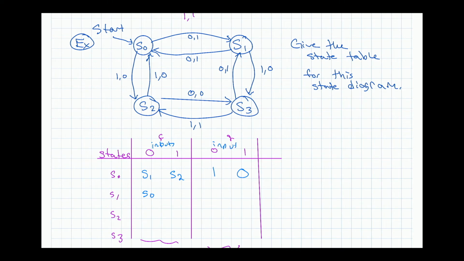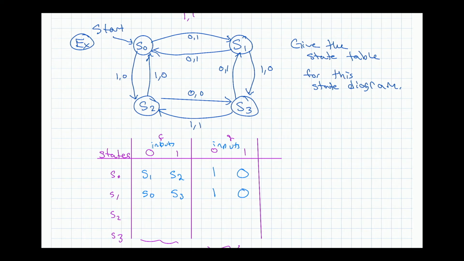S1 back to S0 was input 0, output 1. And then we also have S1 to S3, which is for input 1. So input 1 is right here. And S1 to S3 comes with an output of 0.